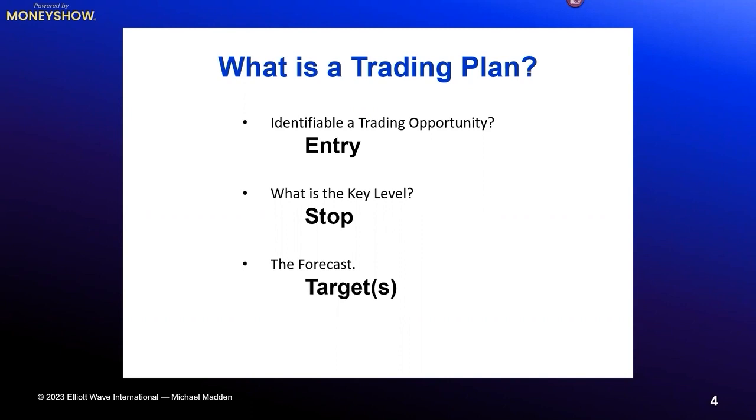And from having an entry, a specific level in a market that we would be excited to enter at, a specific level where we know that we're wrong, use that as our stop protection, and then we can have our targets. And from those levels, we can create a reward to risk ratio.